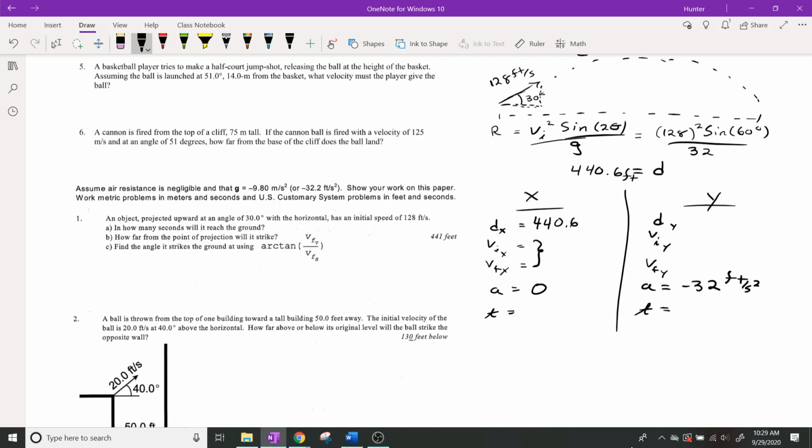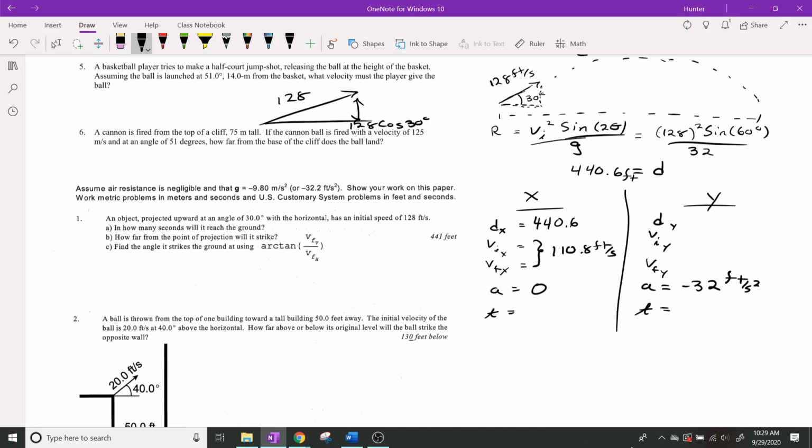Cosine is the x direction. Okay, so make a triangle. This is 128. So 128 cosine of 30 degrees. That's going to give us our VI and VFX. Doesn't change. 110.8 feet per second. Okay, that's reasonable. That makes sense to me.